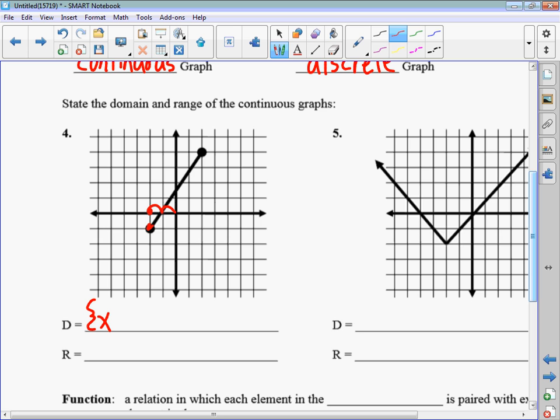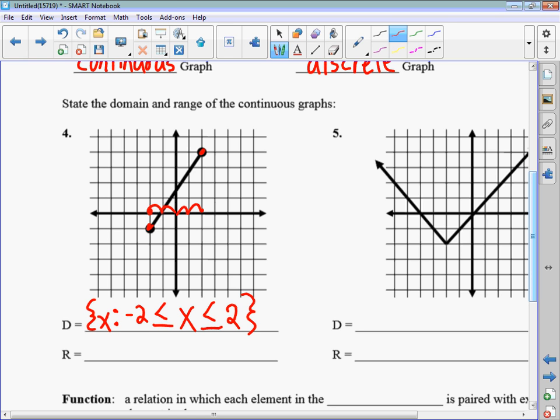It's x such that -2 is less than or equal to x, and then the furthest x over would be at 1, 2, so less than or equal to +2.